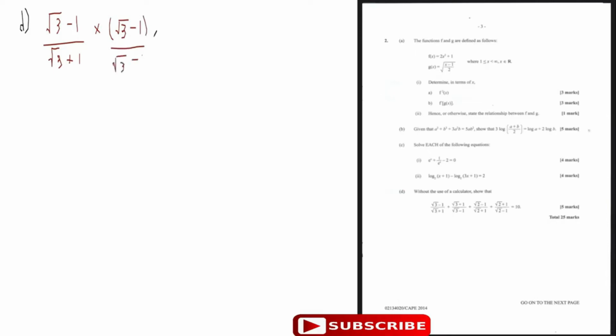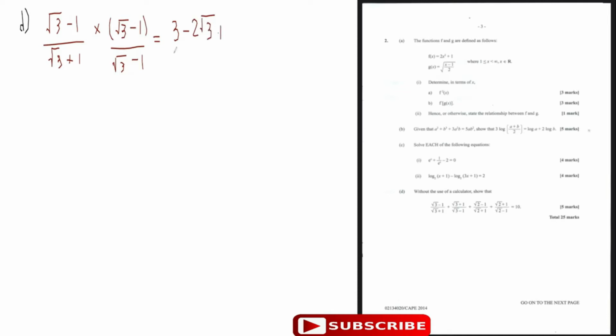When I do that, this is going to work out to be root 3 times root 3 is 3. Root 3 times minus 1 is minus root 3. Minus root 3, that's minus 2 root 3. And then minus 1 times minus 1 is plus 1.